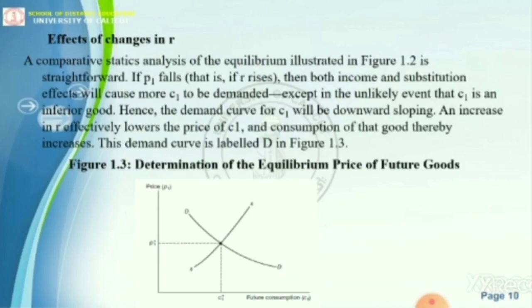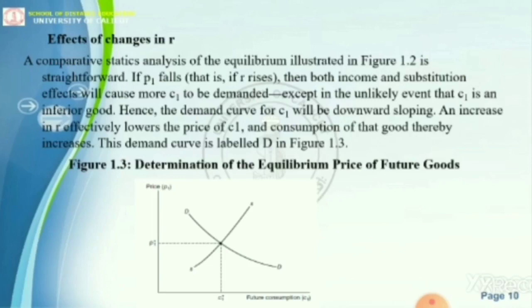A comparative statics analysis of the equilibrium illustrated in figure 1.2 is straightforward. If P1 falls, that is if R rises, then both income and substitution effects will cause more C1 to be demanded, except in the unlikely event that C1 is an inferior good. Hence, the demand curve for C1 will be downward sloping.